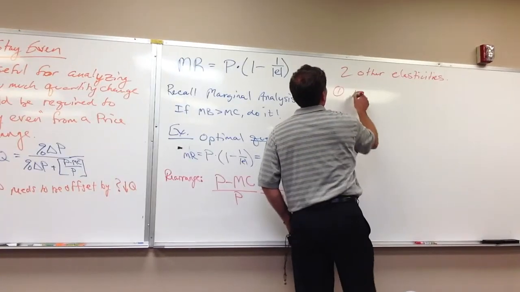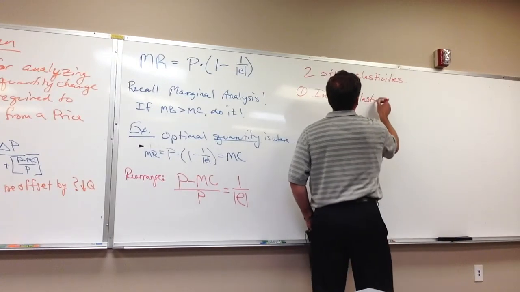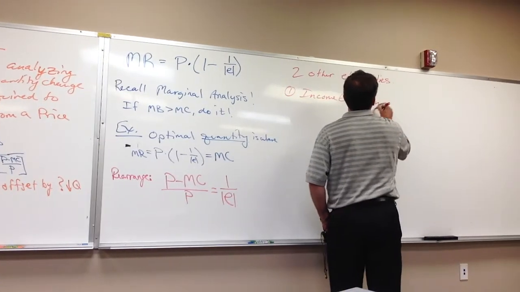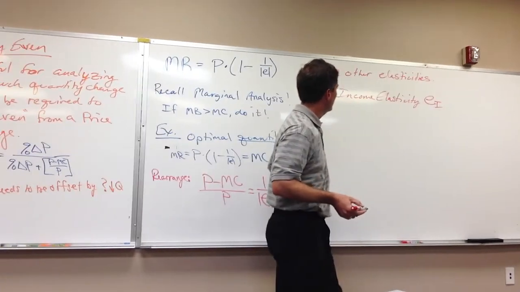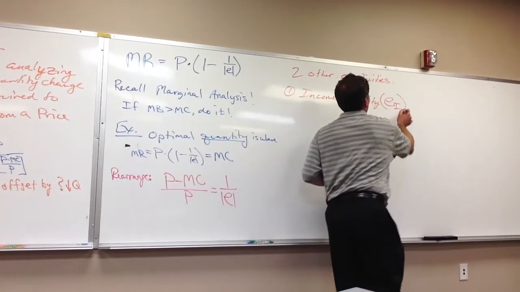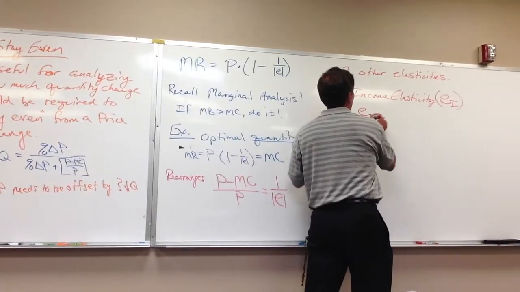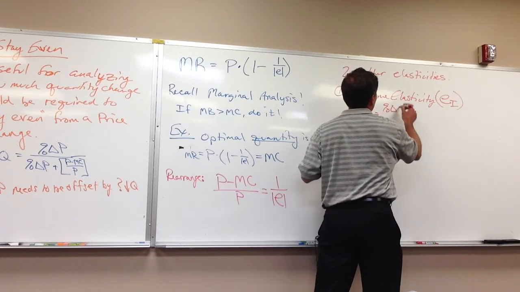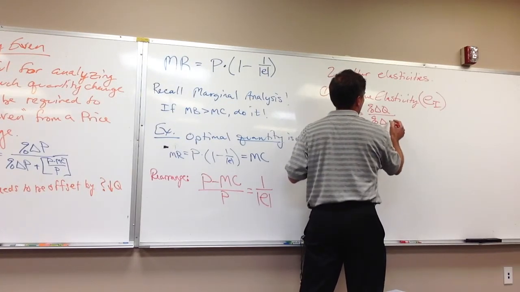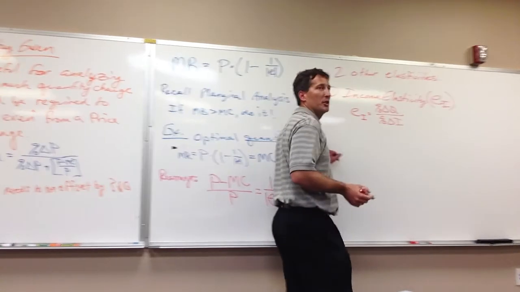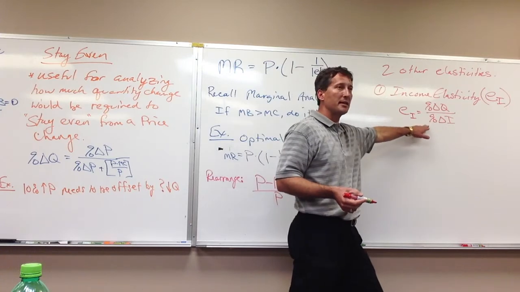Number one, the income elasticity. Maybe we'll call it EI. Conceptually, that elasticity is just looking at how much quantity changes from some percentage change in income now. Instead of having price downstairs, we have income downstairs.